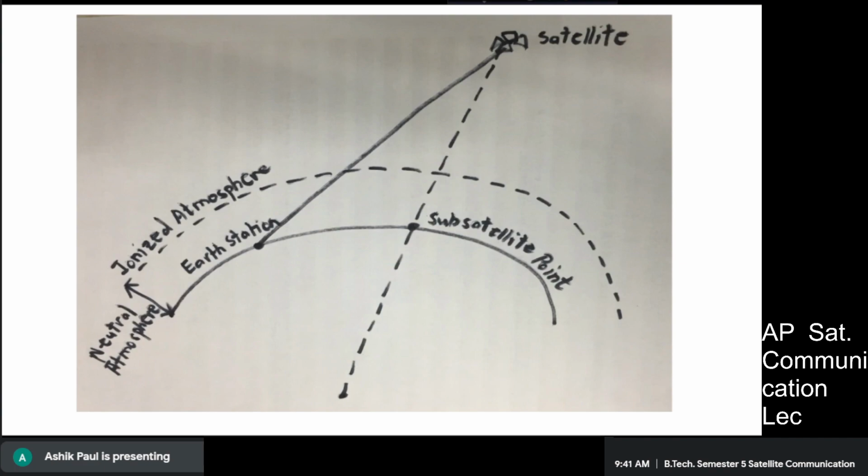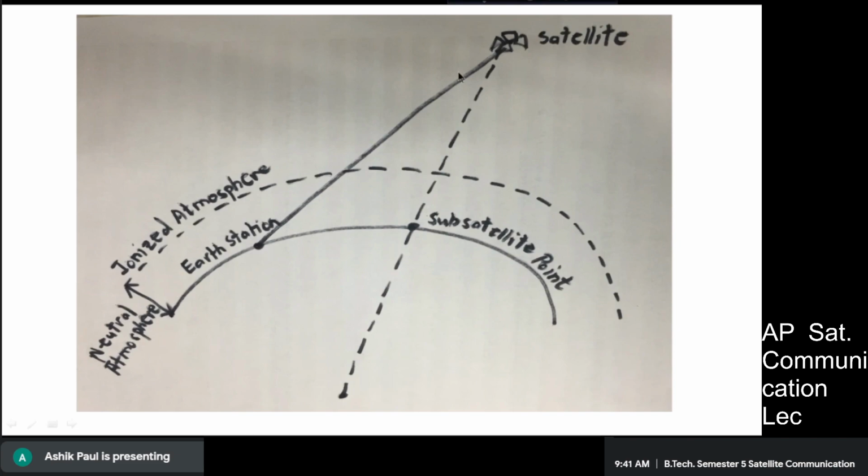So that means, suppose this is the surface of your Earth, and suppose there is another layer, which we are not going to talk about in this course, which is the lower height of the ionized atmosphere. Below that, we have the neutral atmosphere.